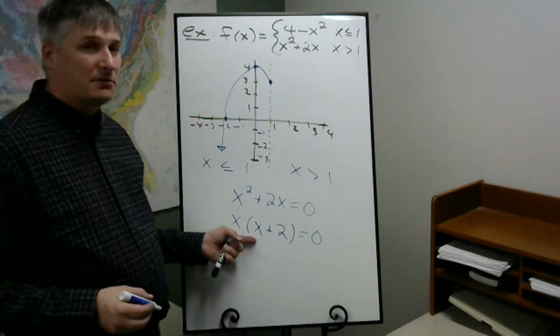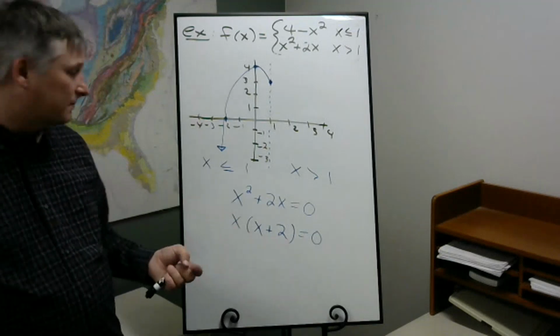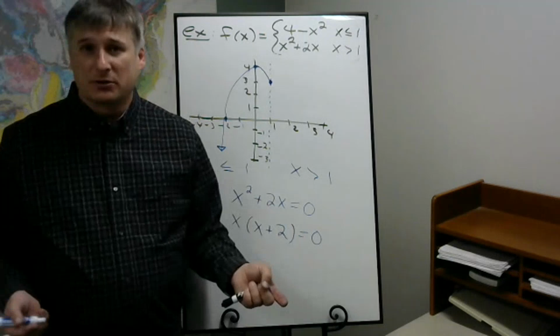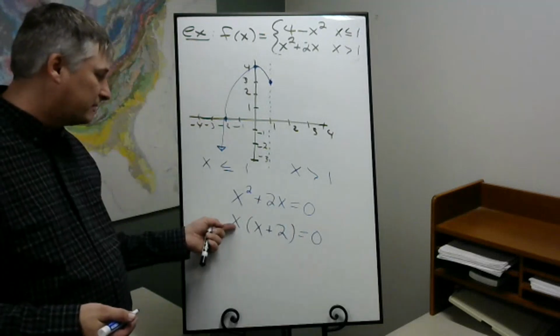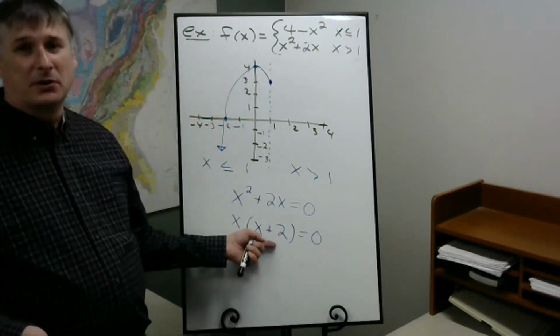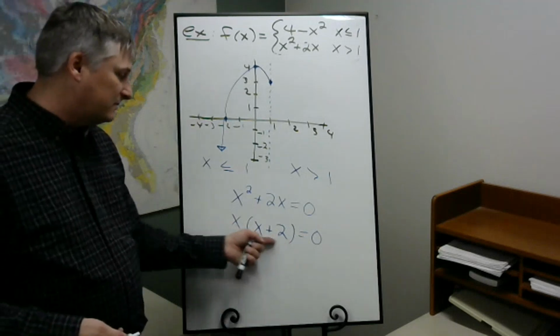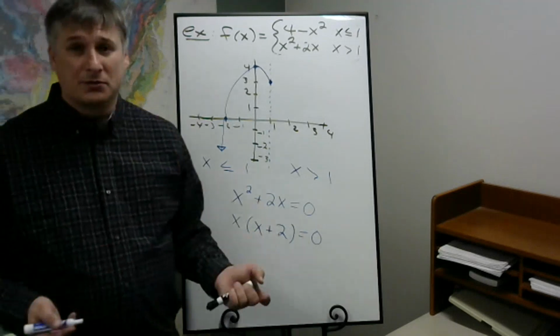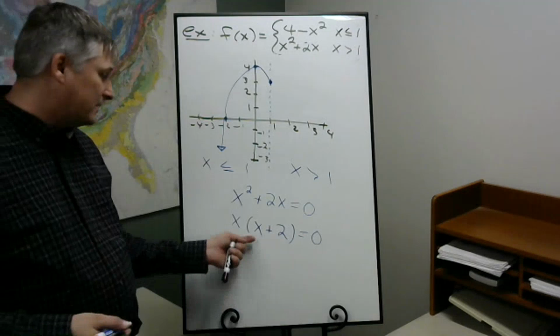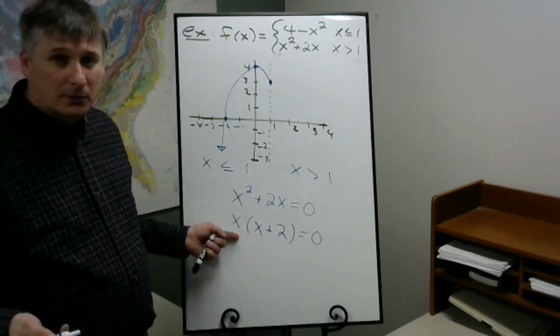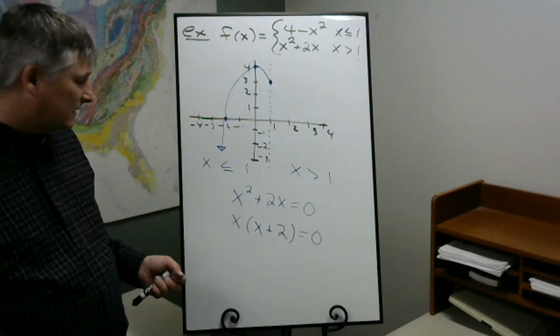So if we factor this, now we ask this question: when is this equal to 0? Well, it's going to be equal to 0 whenever this is 0 or whenever this is 0. Because if this is 0, 0 times any number will equal 0. Likewise, if this is 0, 0 times any number will be 0.